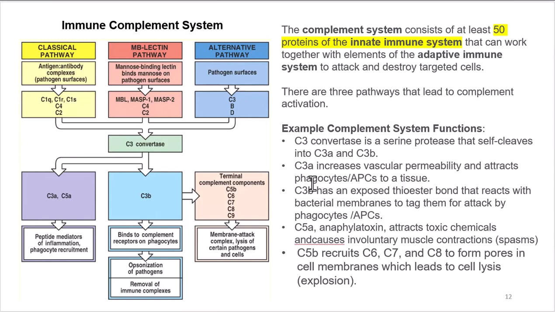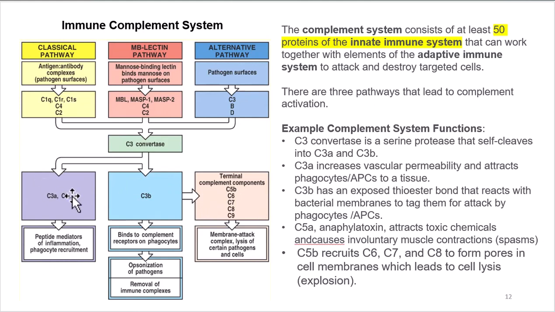So if C3b is attached to a bacteria, it means that it's going to start attracting these macrophages, and they'll go eat them. And then this C3 can also cleave and start processing another protein called C5, and that helps mediate inflammation.